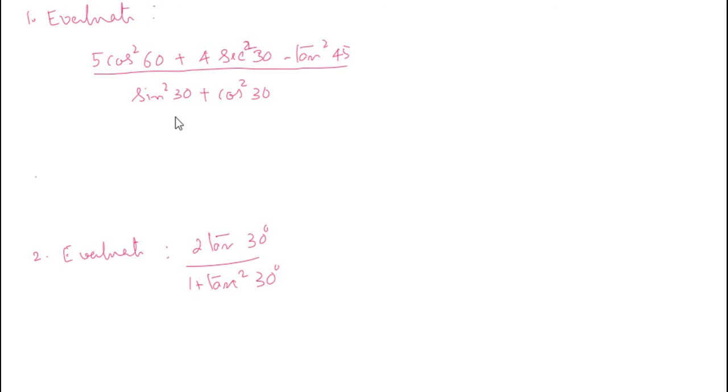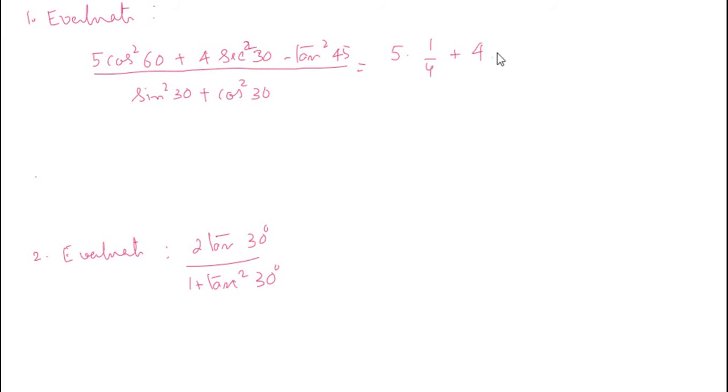Now let us get into solving exercises. First one, evaluate 5 cos square 60 plus 4 secant square 30 minus tan square 45 divided by sin square 30 plus cos square 30. Now 5 into cos 60. Cos 60 is 1 by 2. Cos square 60 is 1 by 4 plus 4 into secant square 30.